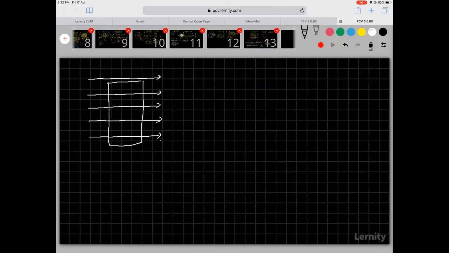Every atom has a nucleus and then it has its electrons. Earlier, the nucleus was here and the electron cloud was here. The charge centers were the same, so I could say an atom is neutral.